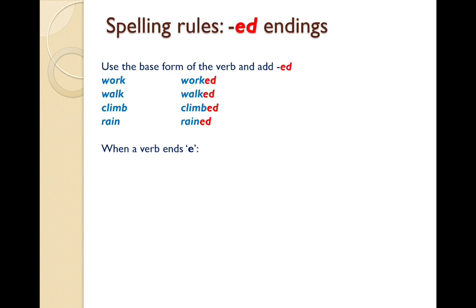When the verb ends with e, just add d. Love, loved. Save, saved. Arrive, arrived. Like, liked.